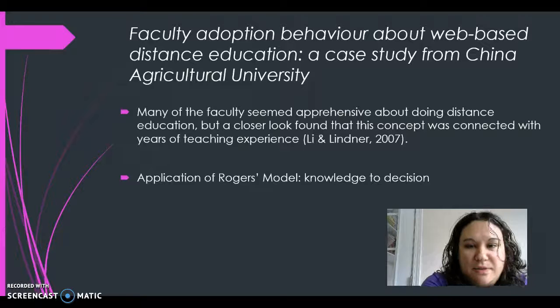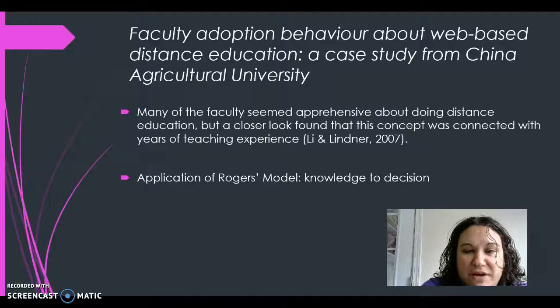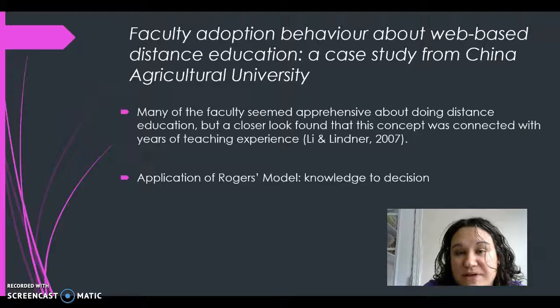For the faculty adoption of the web-based distance education from the China Agricultural University, basically many of the faculty were apprehensive about doing distance education, and they found through their study and application of Rogers' model that a lot of this apprehension was connected to how many years of teaching experience the faculty members had, which totally makes sense.